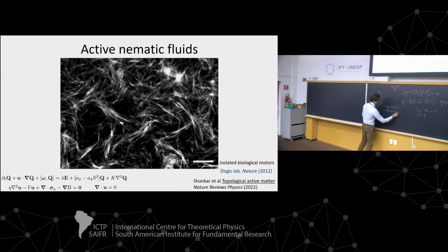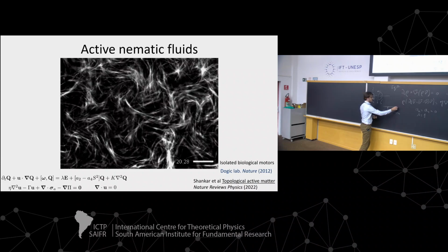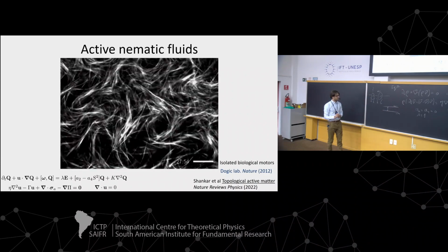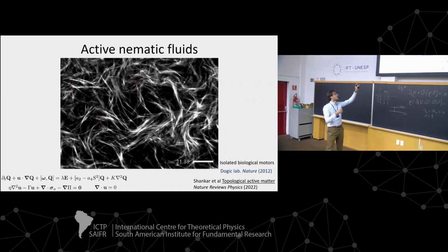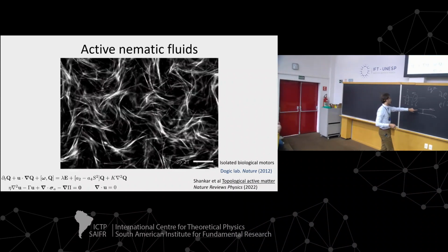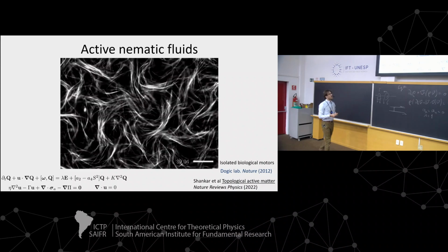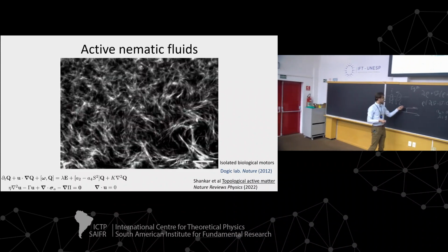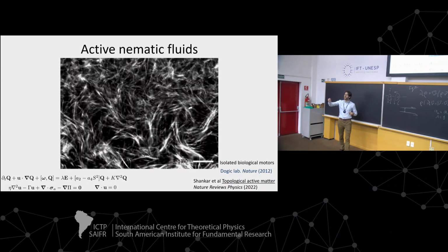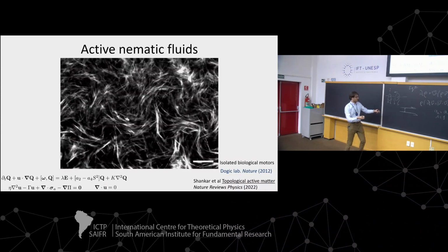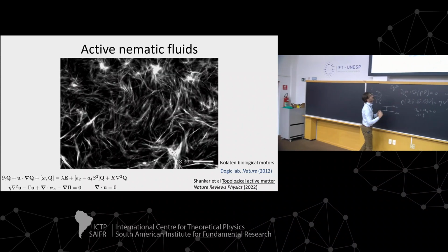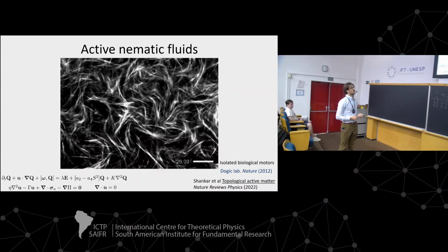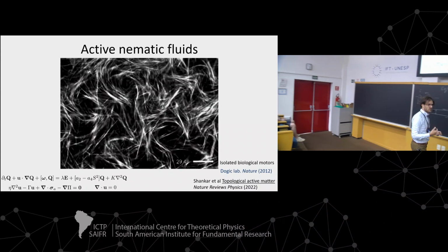This filament will go, let's say, this way, and this filament will go this way. In practice, these motors connect and disconnect over and over, but the net effect is that there is an active stress. The particles are pushed on each other, but there isn't a polar order, right? There isn't a preference for this whole thing to go in one direction. And that's where this nematic symmetry comes from.